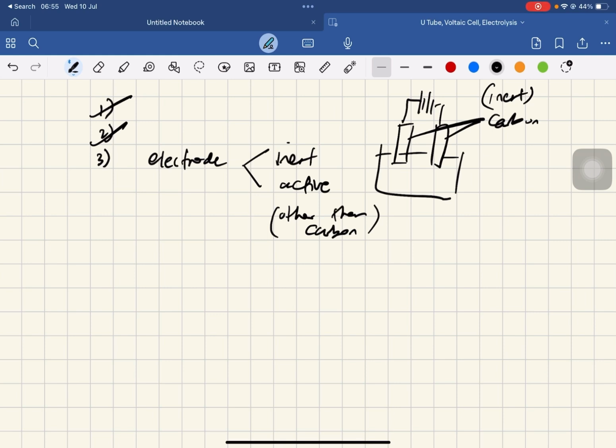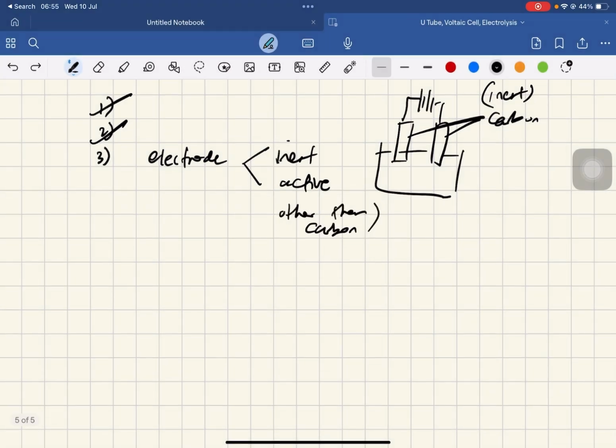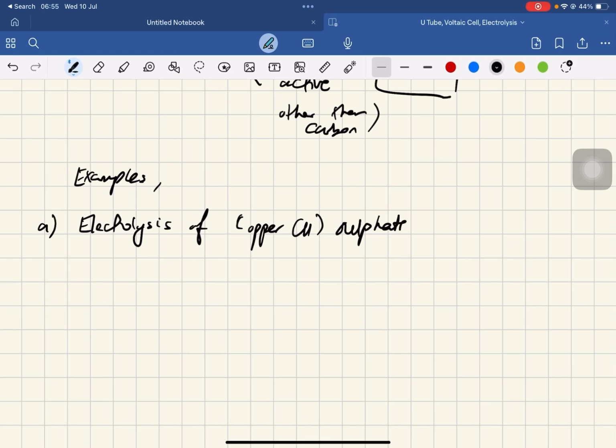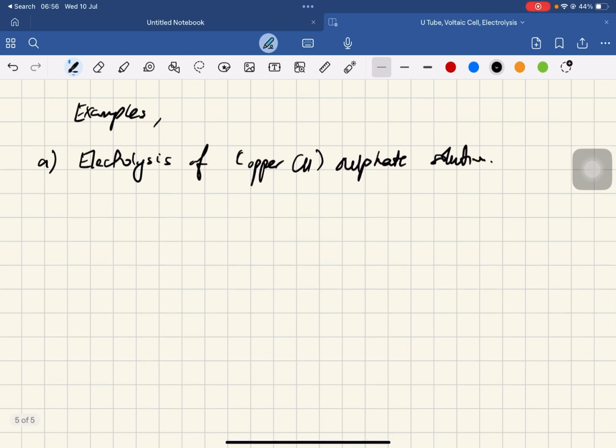Alright, so contohnya we have examples, electrolysis of copper sulfate solution using active electrode.